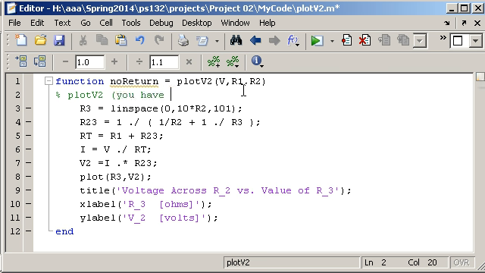You have to clearly and completely say what the function does.